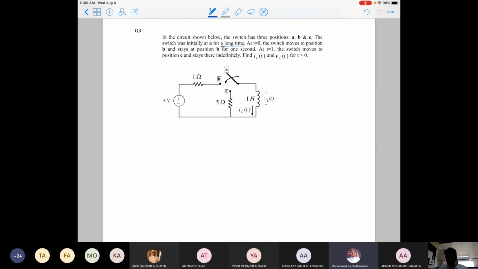So the standard way of solving such a problem is to dissect it and divide it into three problems. So let us study the circuit for 3 time intervals.